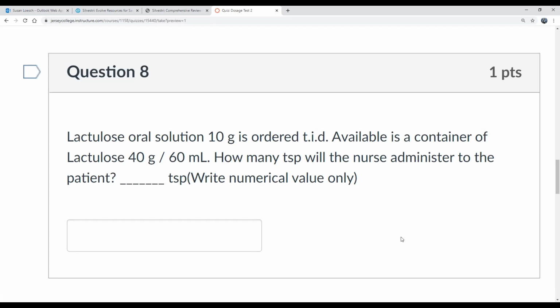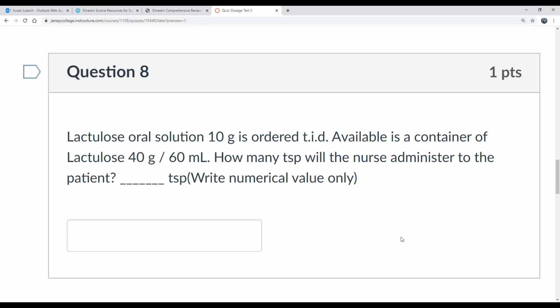Okay. So the first thing you have to do here is figure out how much you're giving in a single dose. How many teaspoons in mL? Once you do that first, then you can determine how many teaspoons you're going to need, right? For this one, you have to do the have over need first. So you have 10 grams ordered.